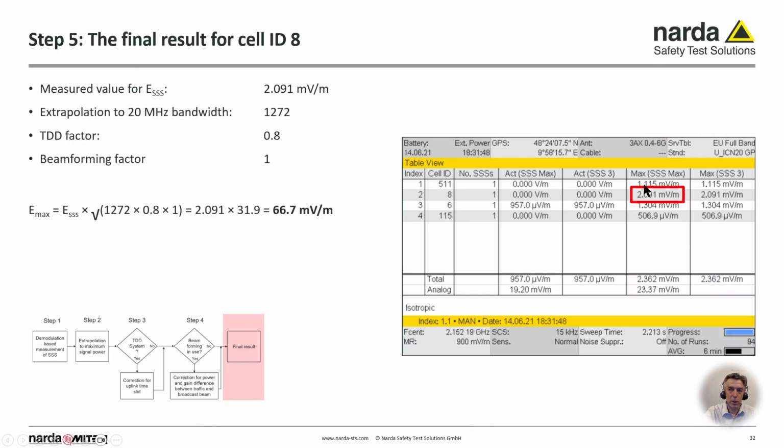So as the value was already low, the total result is also low. But remember, we have here a factor of 1000, okay? So even values which are low, some 100 millivolts, can be much higher when we do the final extrapolation.